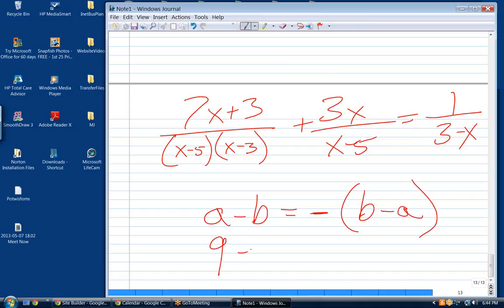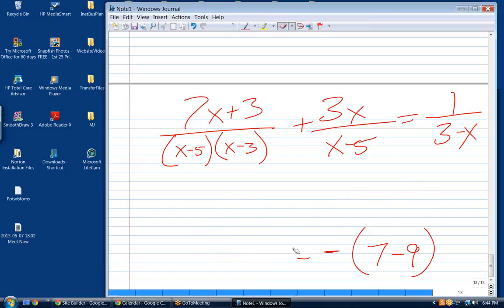Notice that 9 minus 7 is going to be equal to the negative of 7 minus 9. This is 2, this is negative 2. So no matter what a and b are, if I'm subtracting them and I have the reverse, I can always make that be x minus 3 by sticking a negative sign in front of it.